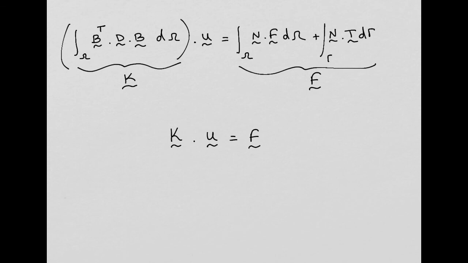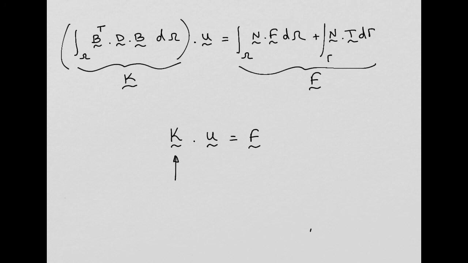This stiffness matrix includes the contribution of all the elements. So when you do a mesh, you are dividing your domain, omega, into smaller subdomains, right? Then you need to do a loop into all these elements and get the contribution of the stiffness matrix for all of these elements, and assemble that contribution in this global stiffness matrix.